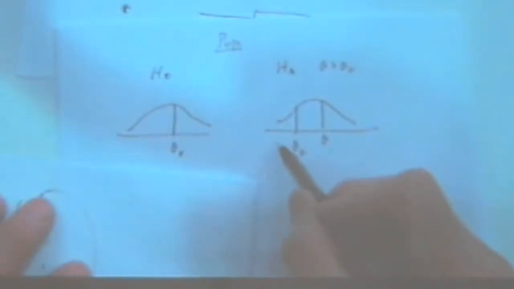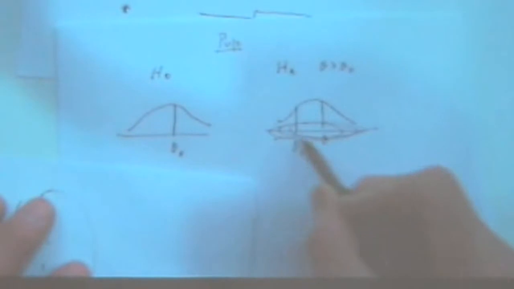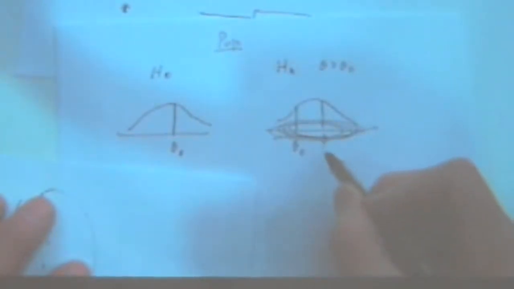So again, this is your number line. This is your sample. Again, there are going to be many sample items all greater than theta naught. And then, again, how large is too large?